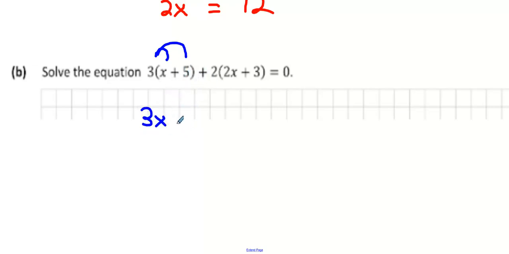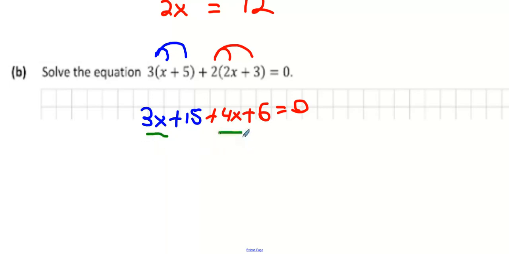And then what do you get for the next one? How'd you do the next part then? And you get? And then the 15 and the 6.